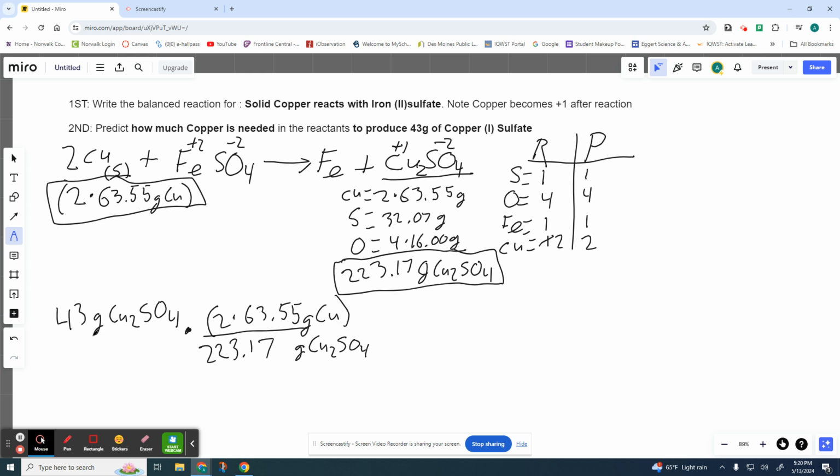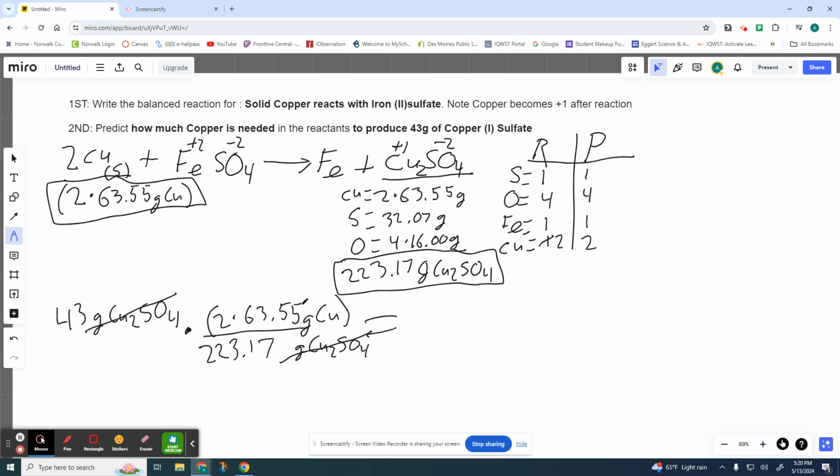The grams of copper 1 sulfate cancel in the top numerator and cancel in the bottom denominator, leaving me with the grams copper I wanted to get. I'm going to do this in 2 steps. I'm going to simplify across the top and simplify across the bottom.